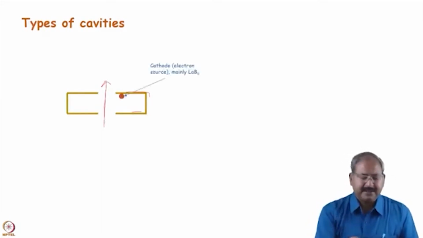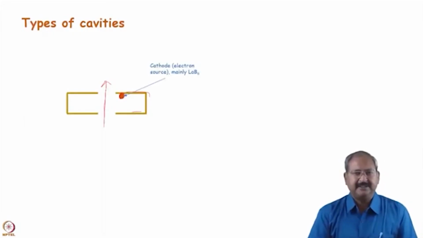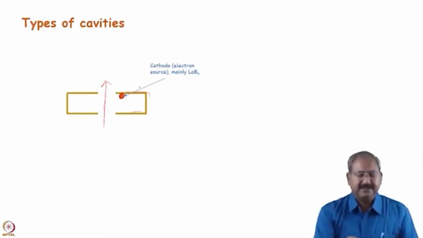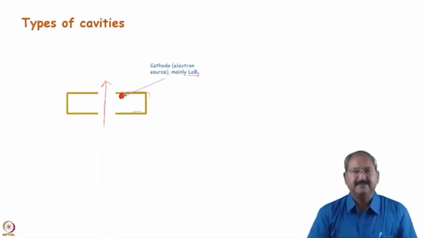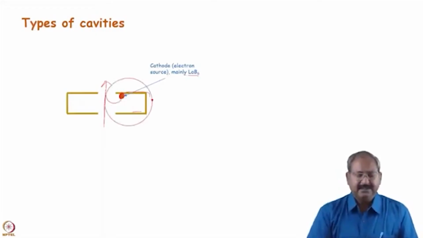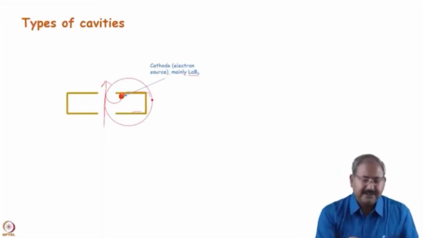Now we keep the cathode here. Again consider the magnetic field perpendicular to the screen, and this cathode is mainly LaB6. We use this. After ejecting the electrons from this cathode, they feel the magnetic field applied perpendicular to this screen, so they take a circular path here.